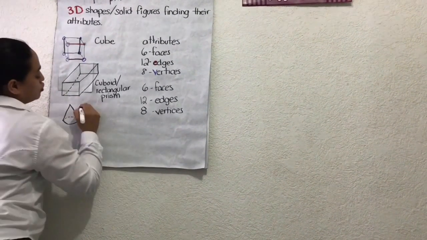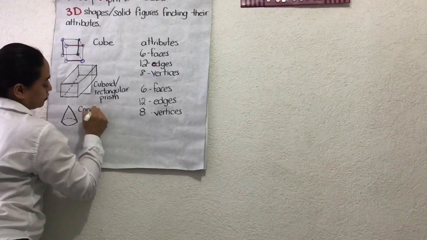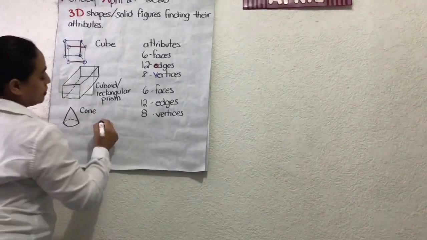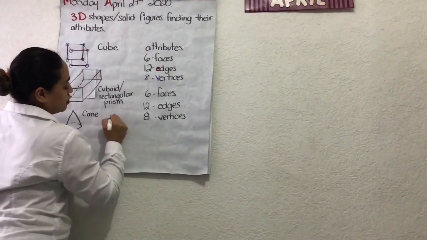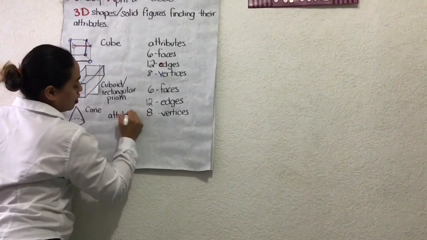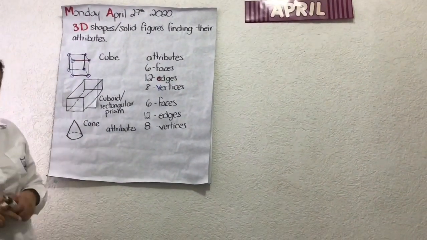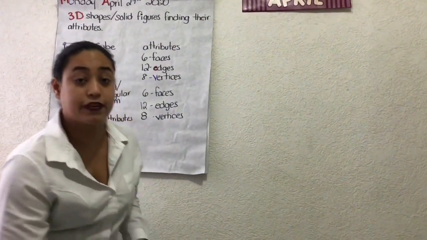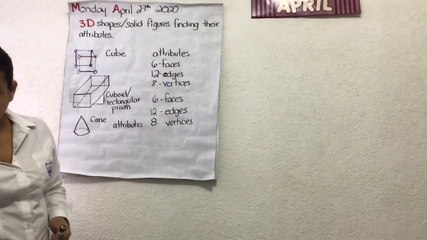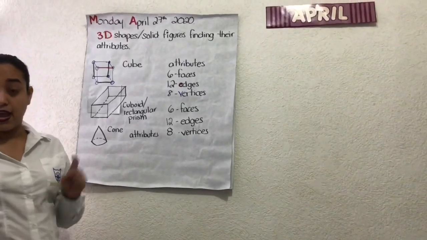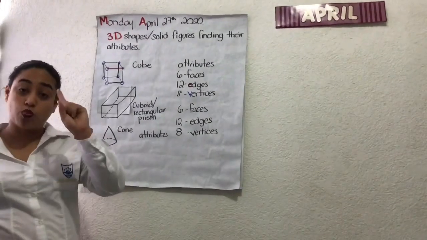All right, guys? So this is a cone. All right, guys, some of the cone's attributes. All right, so how many faces does a cone have? Do you know how many faces a cone has? All right, a cone has one flat surface.